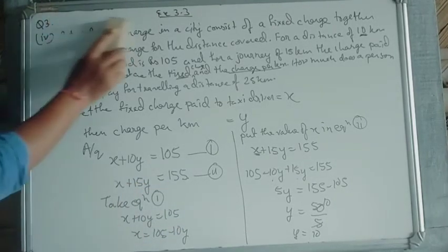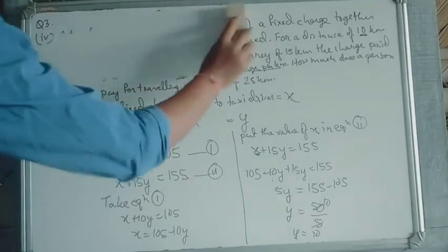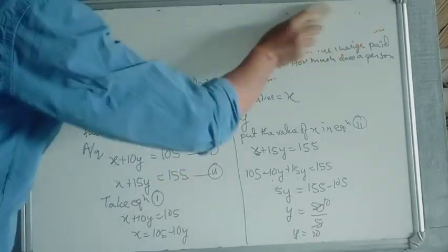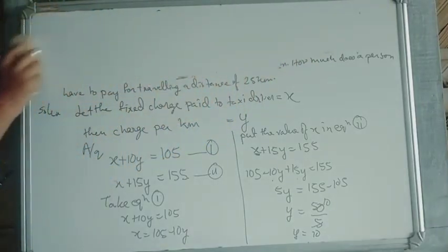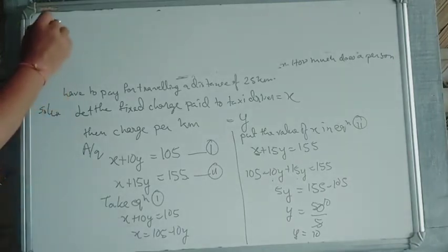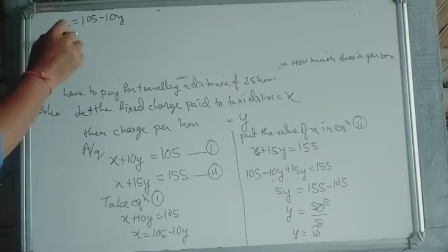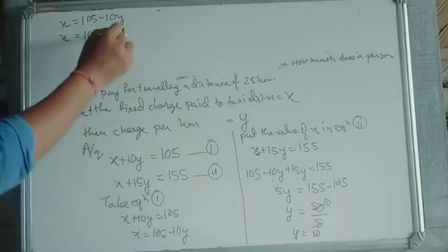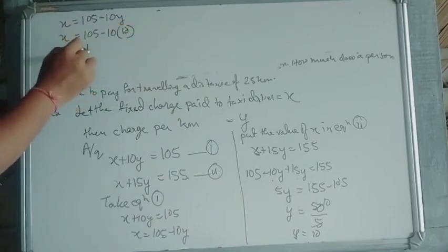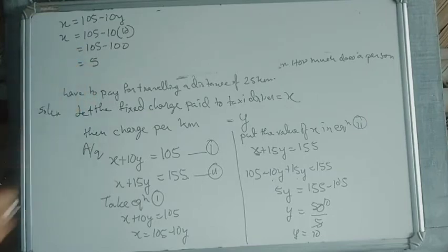Now we have to go for x. So you can take this equation, x equal to 105 minus 10y. So x will be equal to 105 minus 10 into y, that is 10, which gives me 105 minus 100, that is 5.